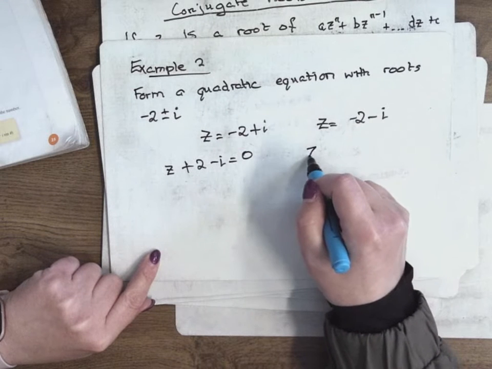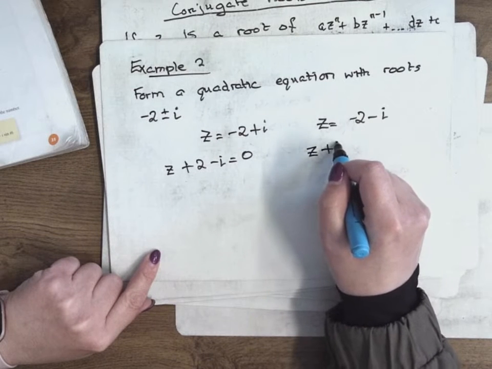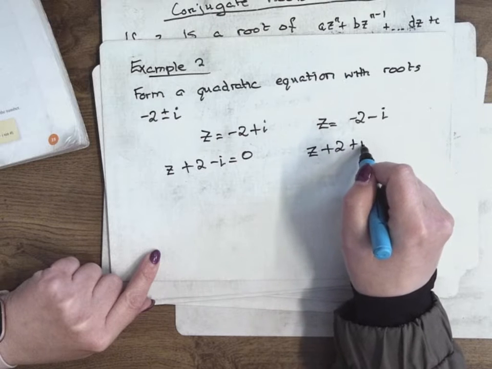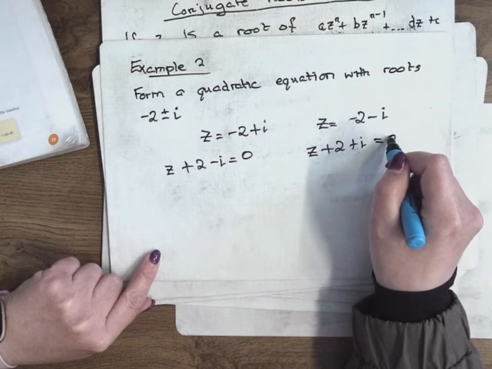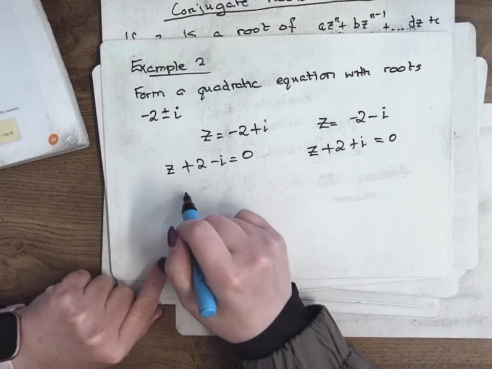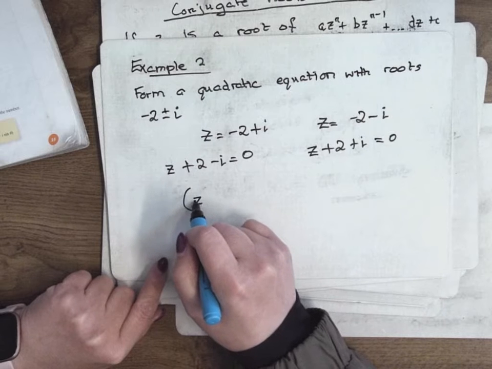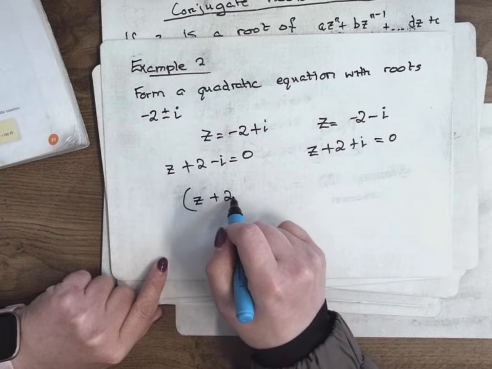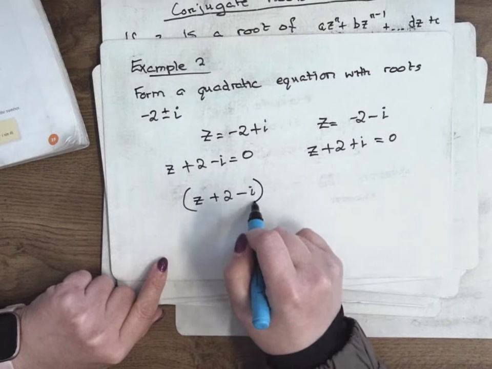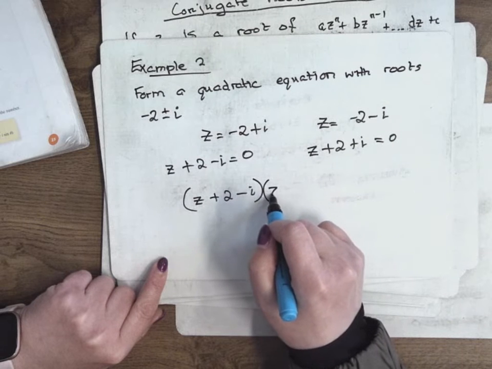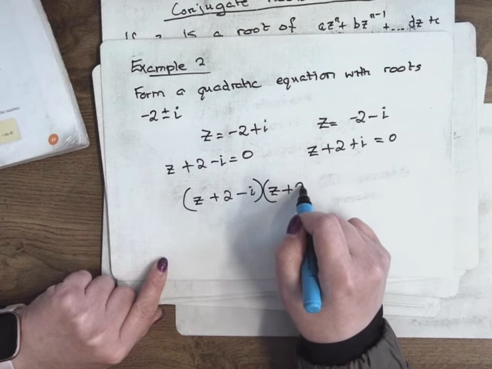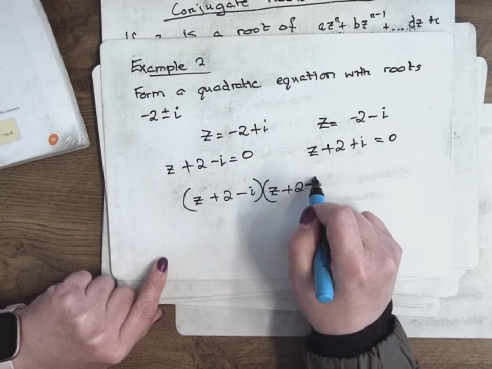This was originally z plus 2 plus i equals 0. Agreed? They were originally 2 sets of brackets before you split them up and let them equal 0. They were originally multiplied and the answer was equal to 0.